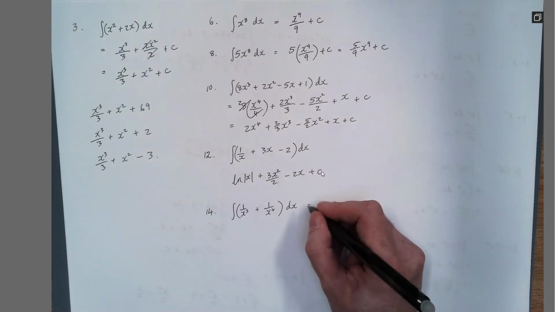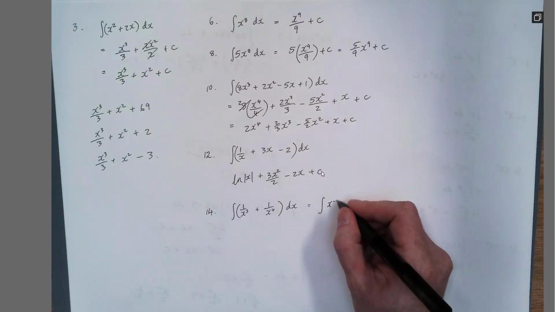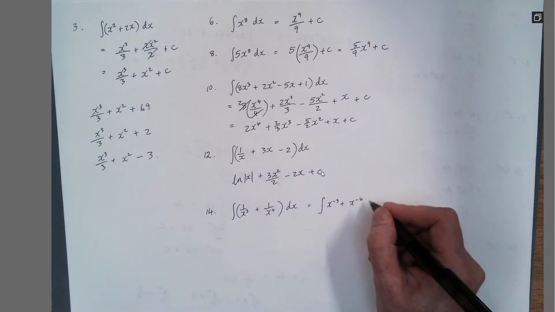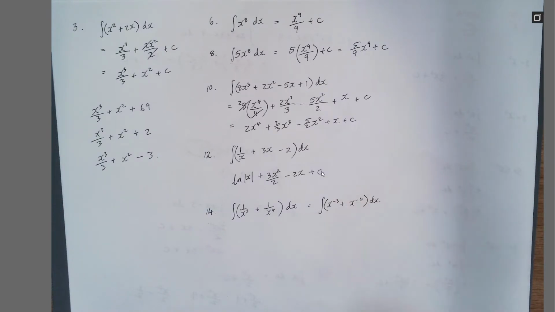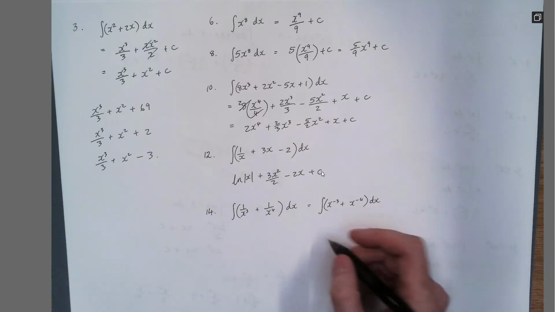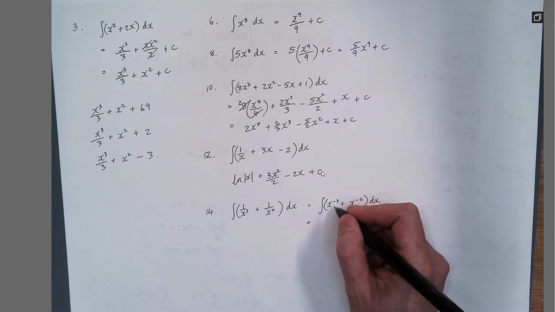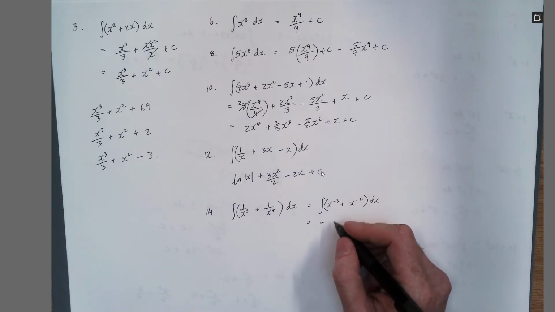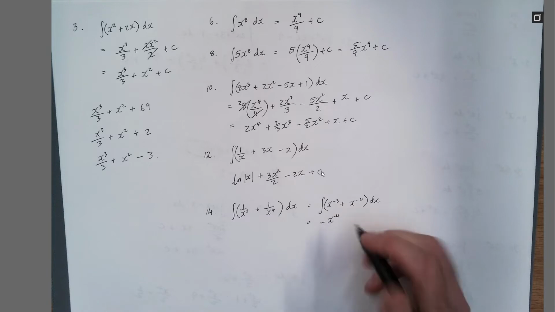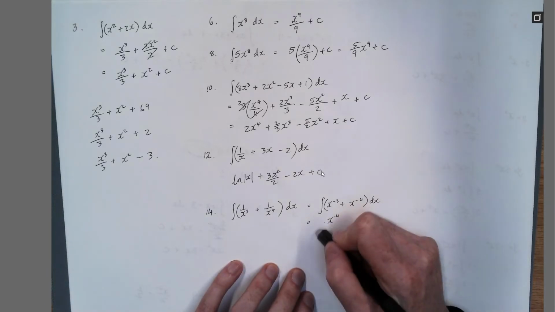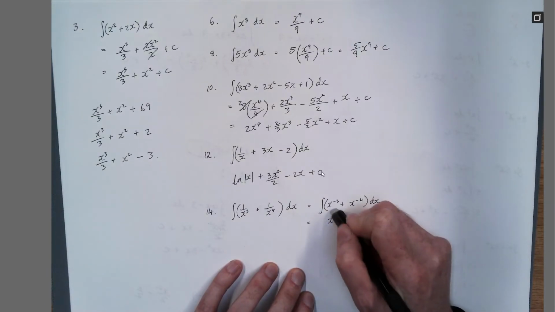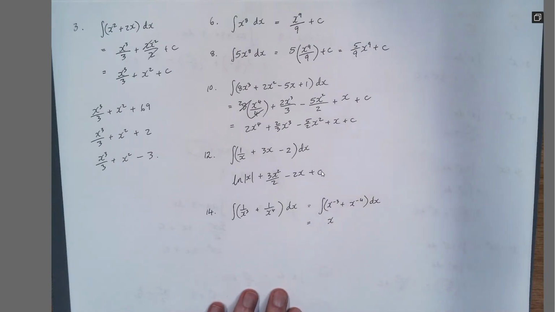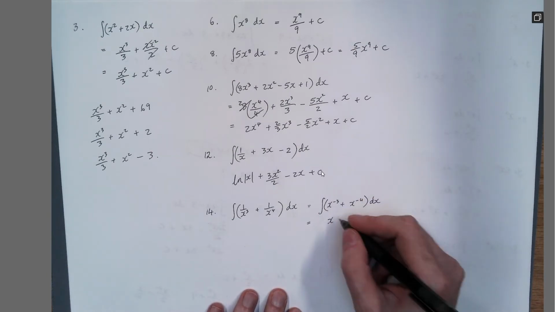So we integrate x to the minus 3 plus x to the minus 4 dx. For 1 over x it doesn't work because the power would be 0. Here we add 1 to the power: x to the minus 3 becomes x to the minus 2 over minus 2, because minus 3 plus 1 is minus 2.